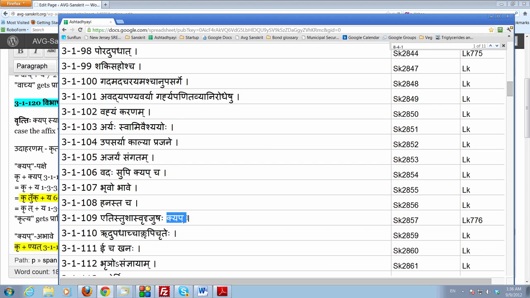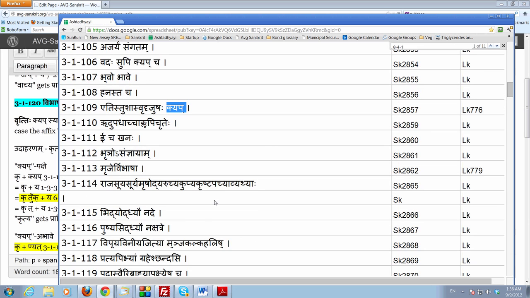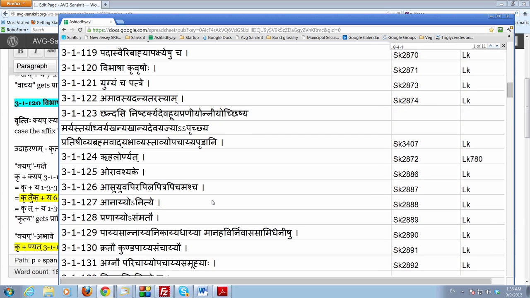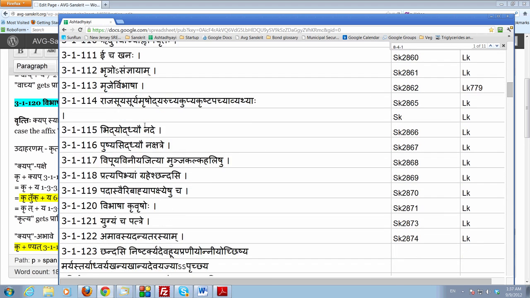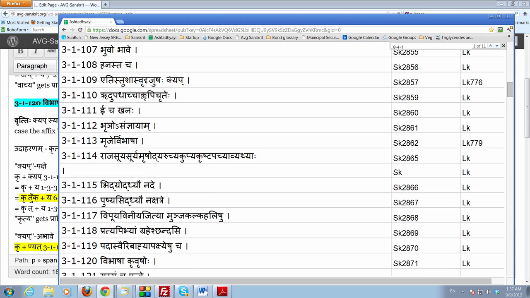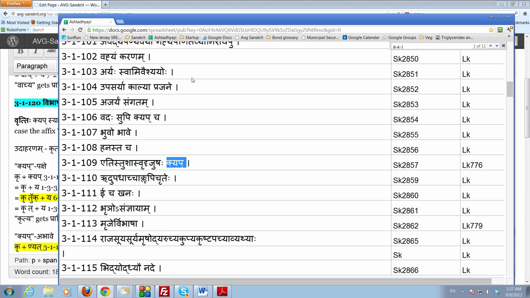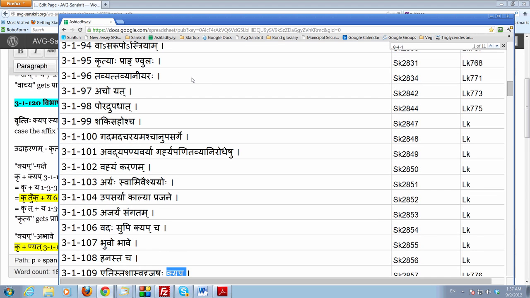kyap, or nyat. One of these three. Now generally speaking, we can only use one of these affixes, nyat, kyap, or yat. Why is that? Because on anubandha lopa, each of these reduces to the yakara.